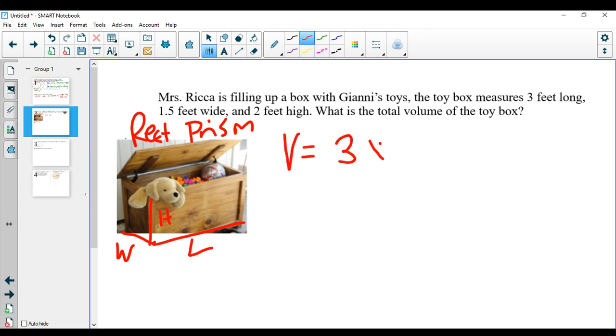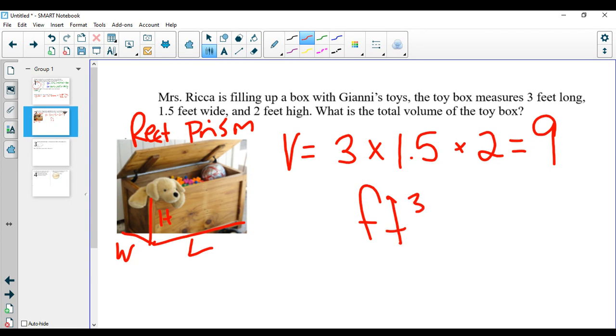It's just the length times the width times the height, and you should get 9. Now, when you're doing measurement, it's always 9 feet cubed. Each one of these lengths is in feet, so if you did feet times feet times feet, it's feet cubed that would be your answer for volume.